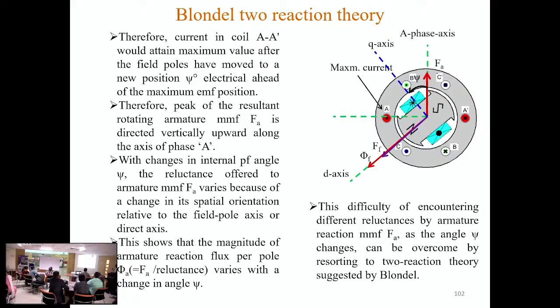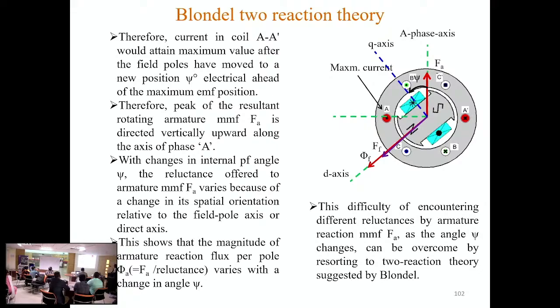So here, the reluctance shown by the armature current or armature MMF FA will be different, and that will depend on this power factor angle psi. So we cannot explain this concept or theory by whatever we used in the cylindrical rotor machine.